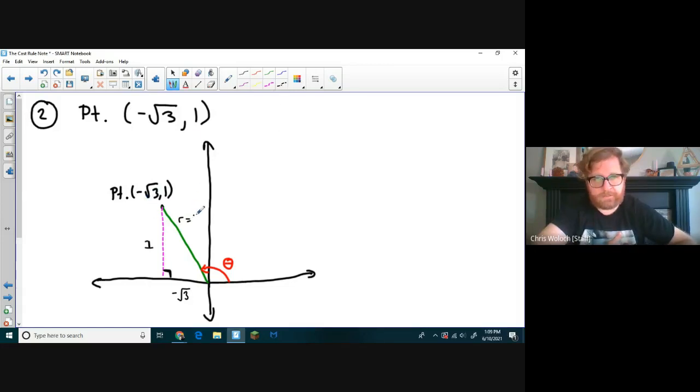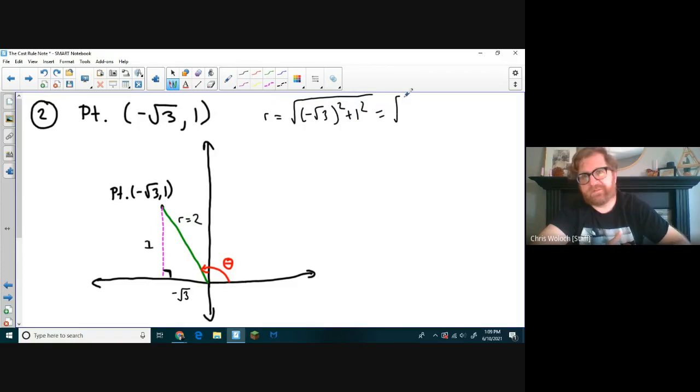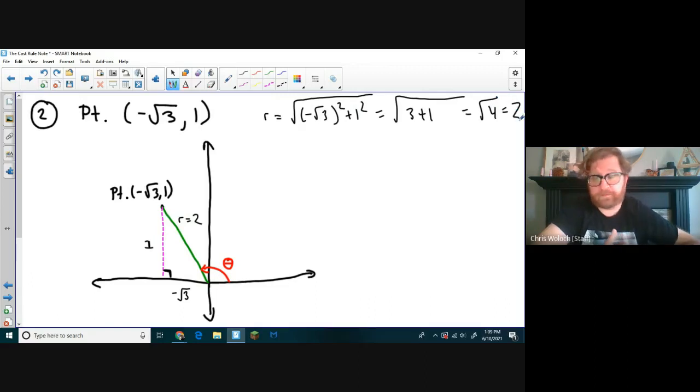So r here is going to be 2. If you don't believe me, I'll quickly show you: negative root 3 squared plus 1 squared gives me the same thing as before, 3 plus 1, which is 4, and the square root of 4 is 2.